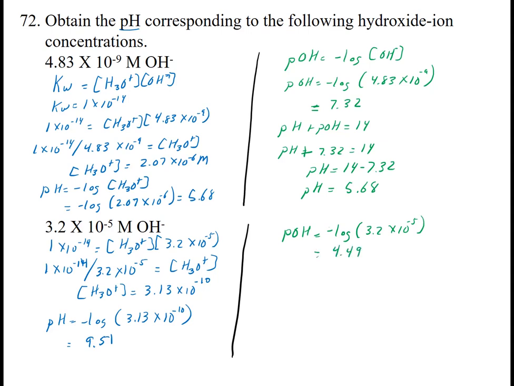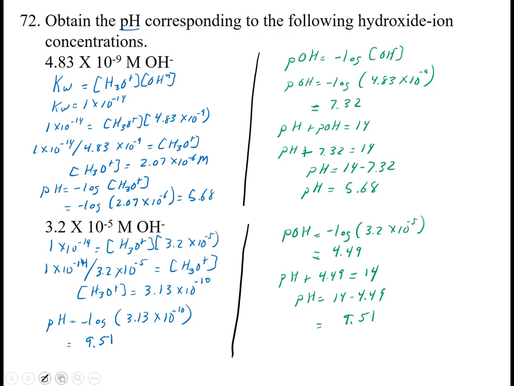Remember, as a check, if this is 5, I want this to be within plus or minus one value of 5, so 4.49 is. And then I'm going to use the equation pH plus pOH, 4.49, is equal to 14. And so pH is equal to 14 minus 4.49 to give me again the 9.51.